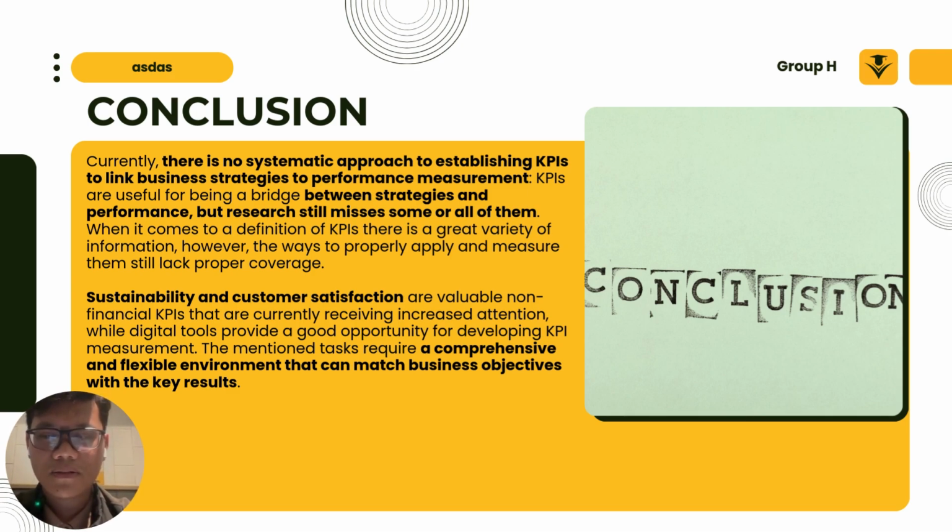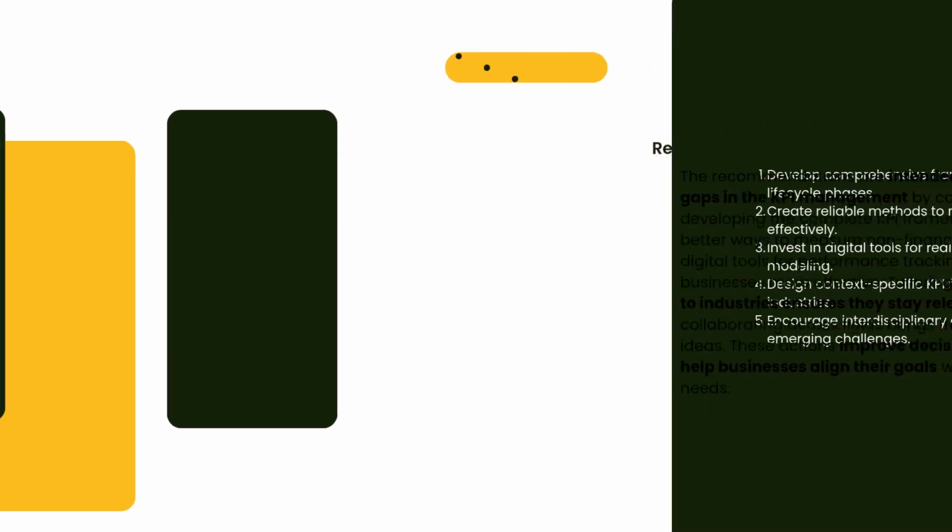However, the ways to properly apply and measure them still lack proper coverage. Sustainability and customer satisfaction are valuable non-financial KPIs that are currently receiving increased attention. Digital tools provide a good opportunity for developing KPI measurements, requiring a comprehensive and flexible environment that can match business objectives.